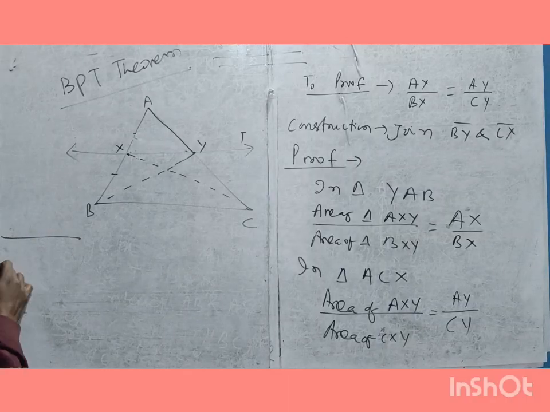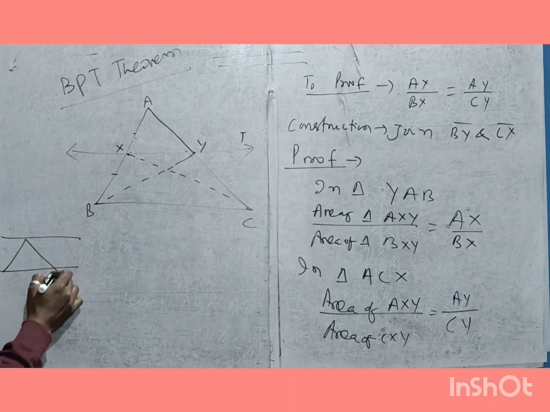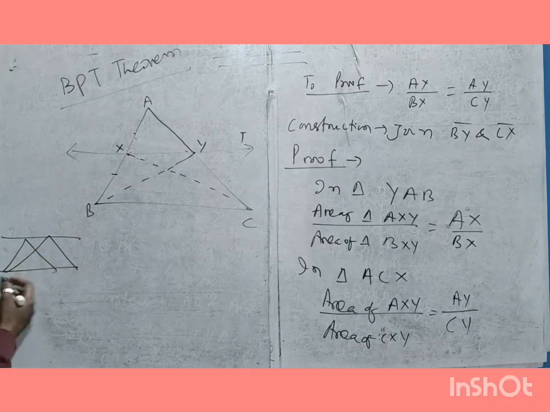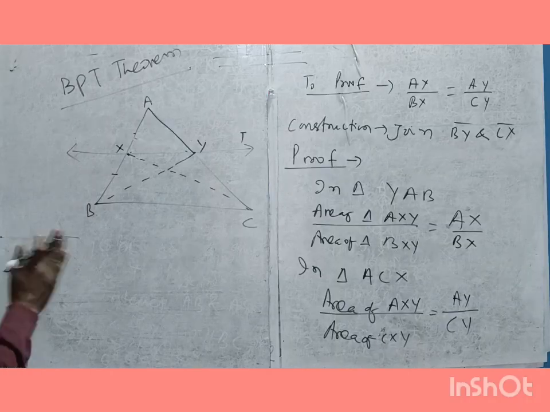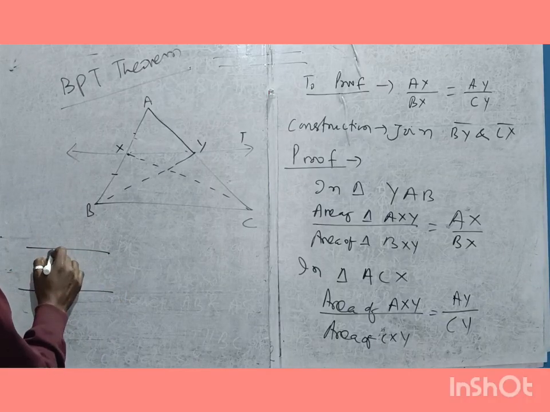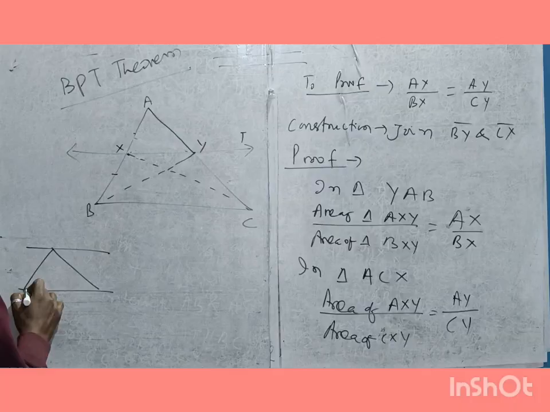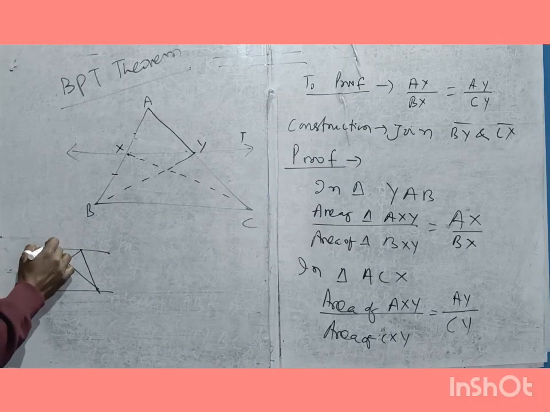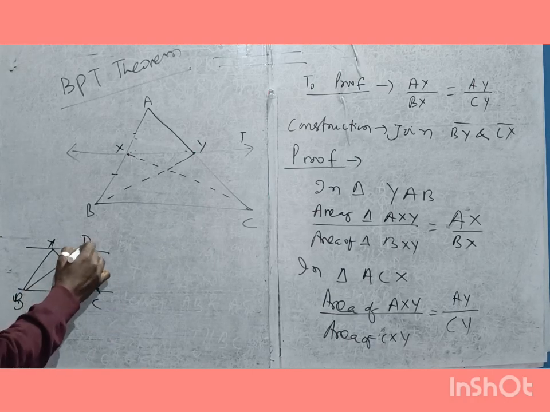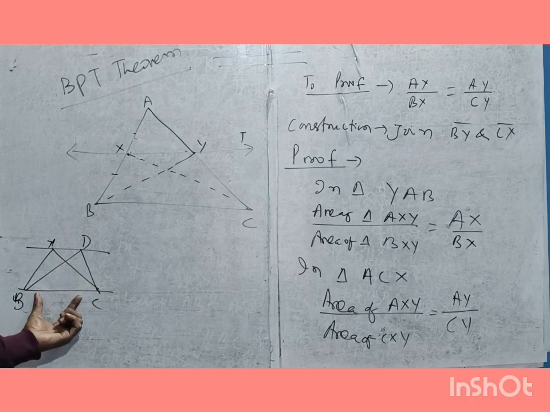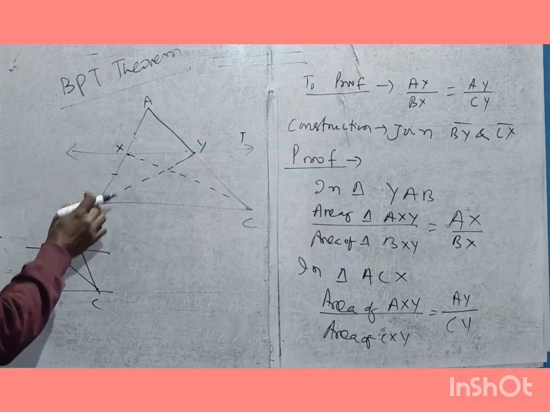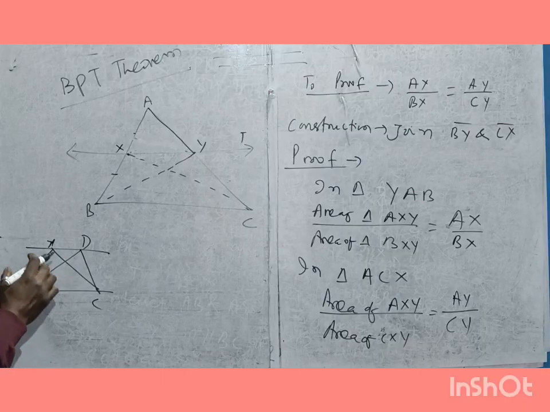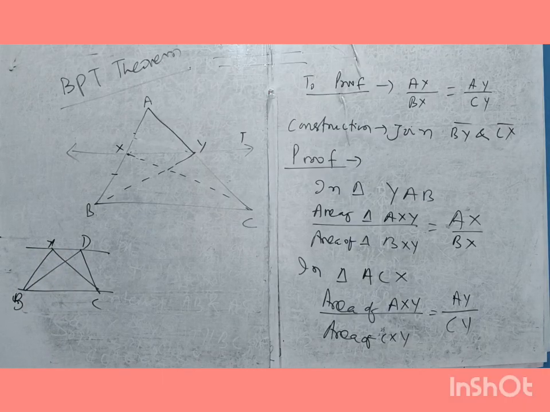If two triangles are present between two parallel lines having same base, then the area will be same. So the area of these two triangles will be same or not?